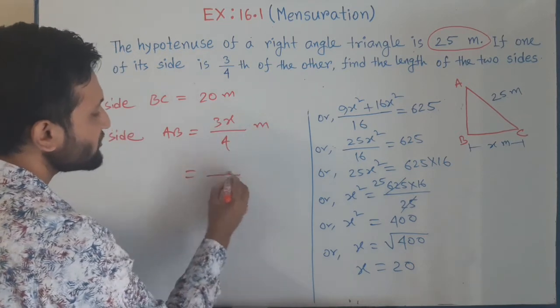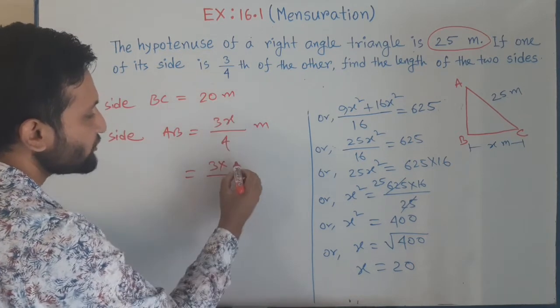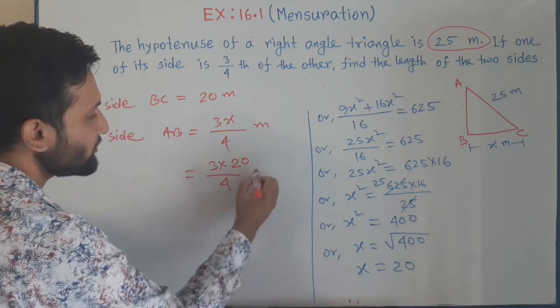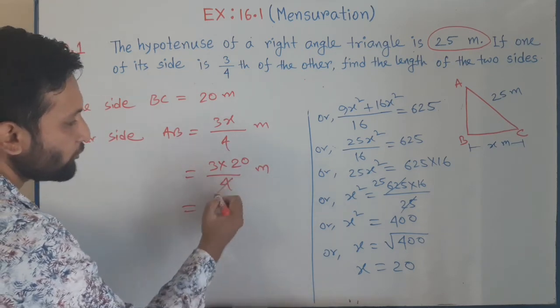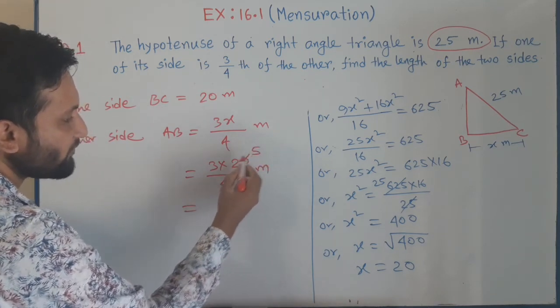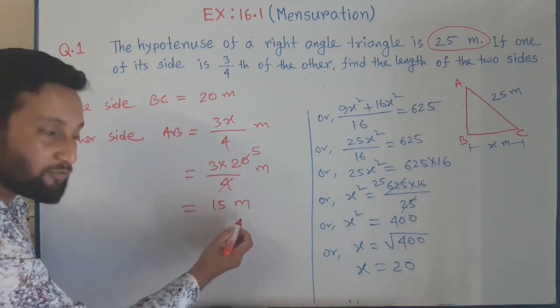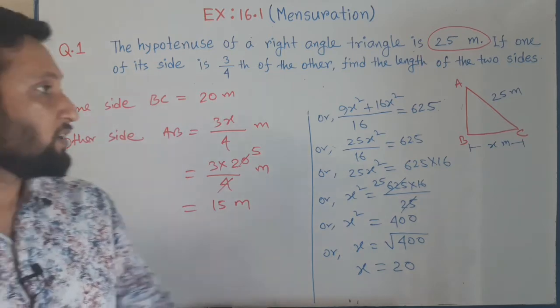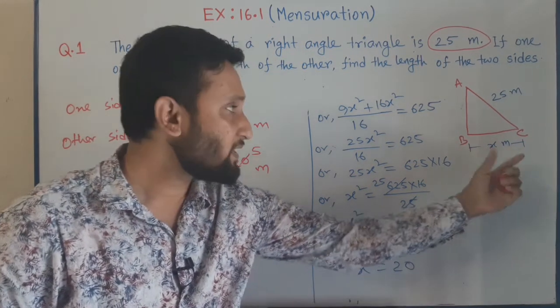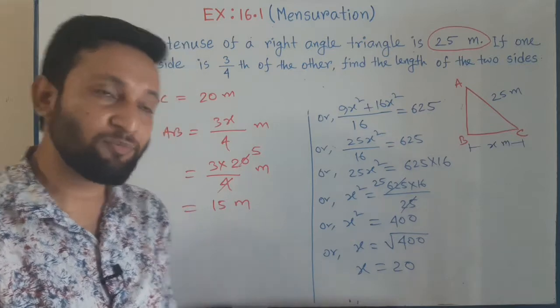That means 3 into x, the value of x is 20 meter, so 3 into 20 divided by 4, that is 15 meter. So the other side AB equals 15 meter. So our required answer: one side BC is 20 meter and the other side AB is 15 meter.